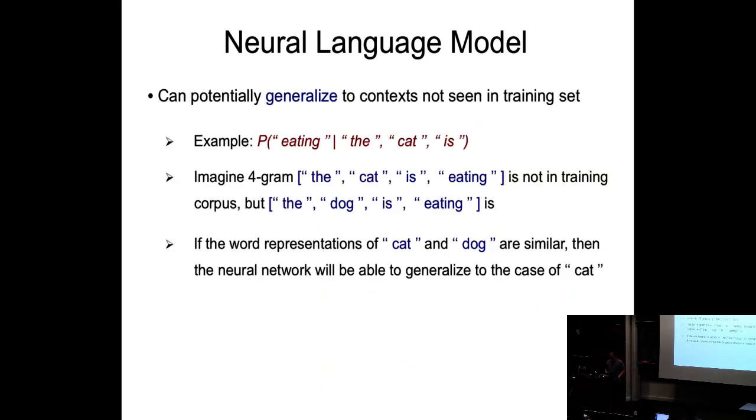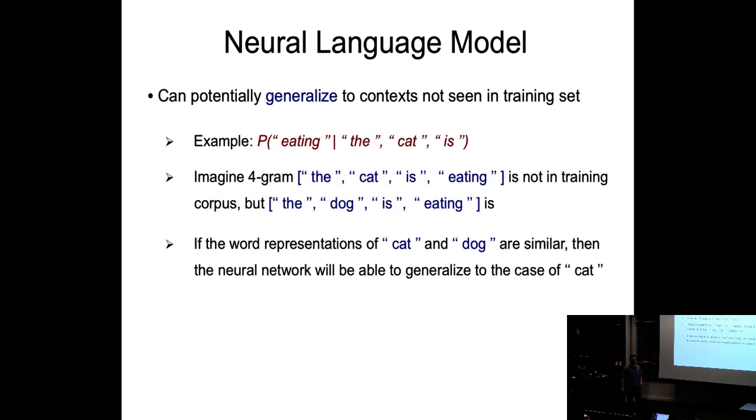Now, as I mentioned before, you can potentially generalize to contexts not seen in the training set. For example, what's the probability of the word eating given the context the cat is? It's pretty probable. The cat is, it could be playing, eating, jumping and such. But let's say you have a 4-gram model and the cat is eating is not in the training corpus, but the dog is eating is.